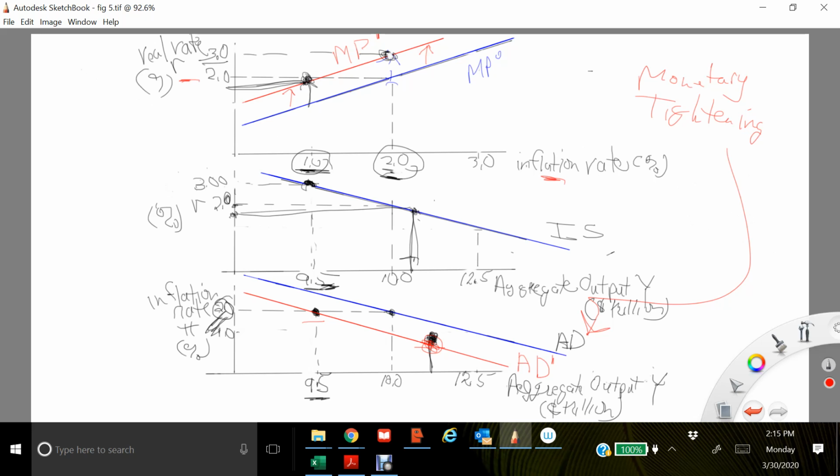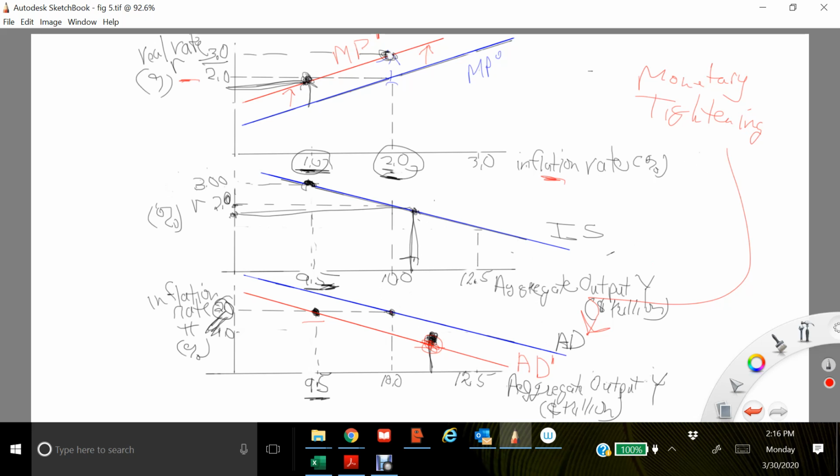So please send me questions if you want me to do this analysis again. And you should try and imagine what would happen if there were other exogenous changes.